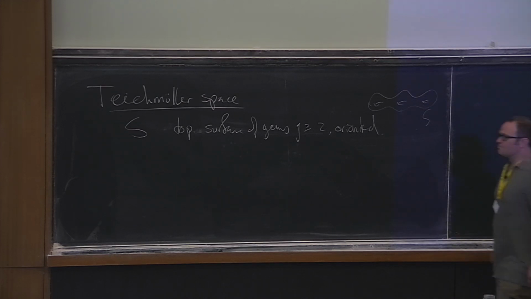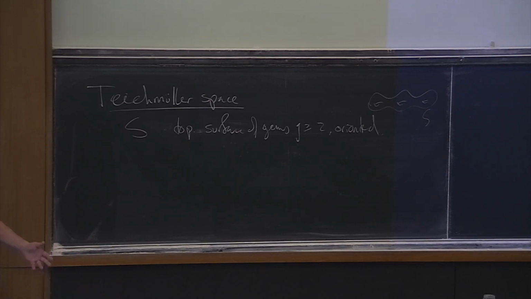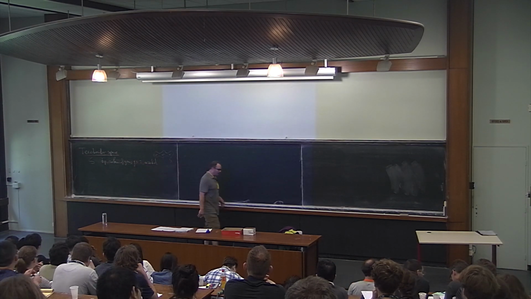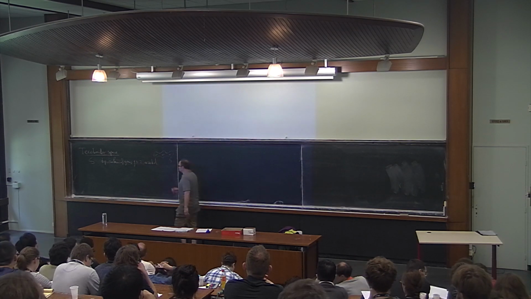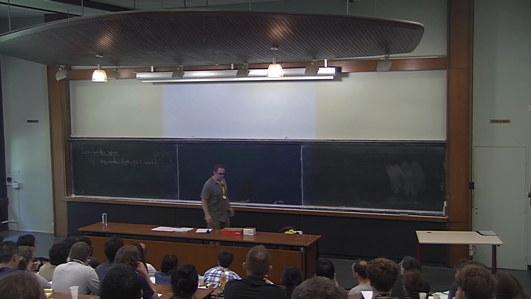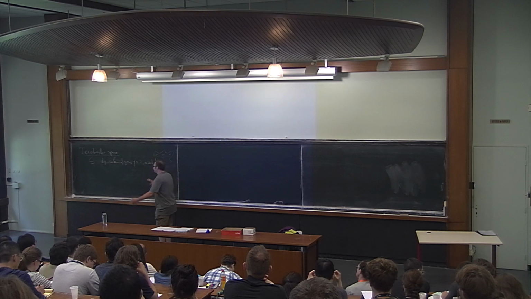Now one way to think about that is just an atlas of charts on S to C so that the transition functions are holomorphic, like we've been talking about. Or we can think about it as a metric on S that induces the topology so that it's locally isometric to the hyperbolic plane. But it's often easier here to think about this in a slightly different way.